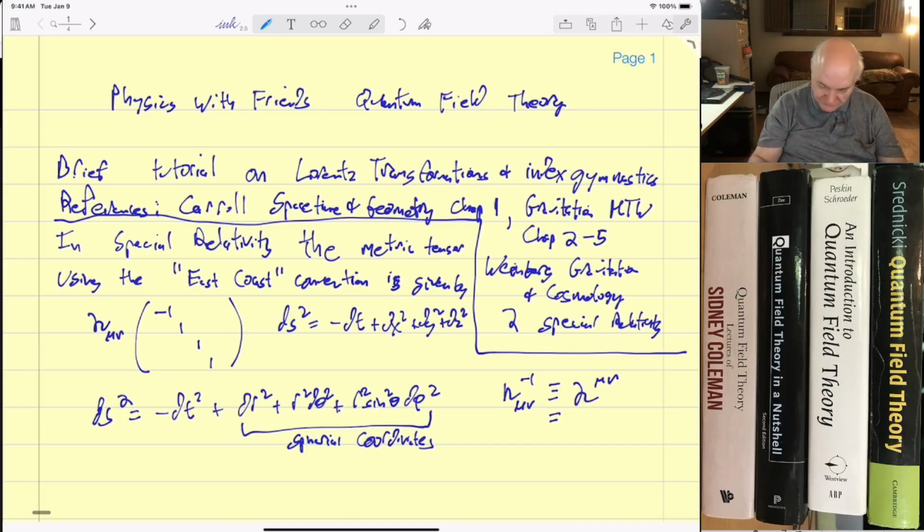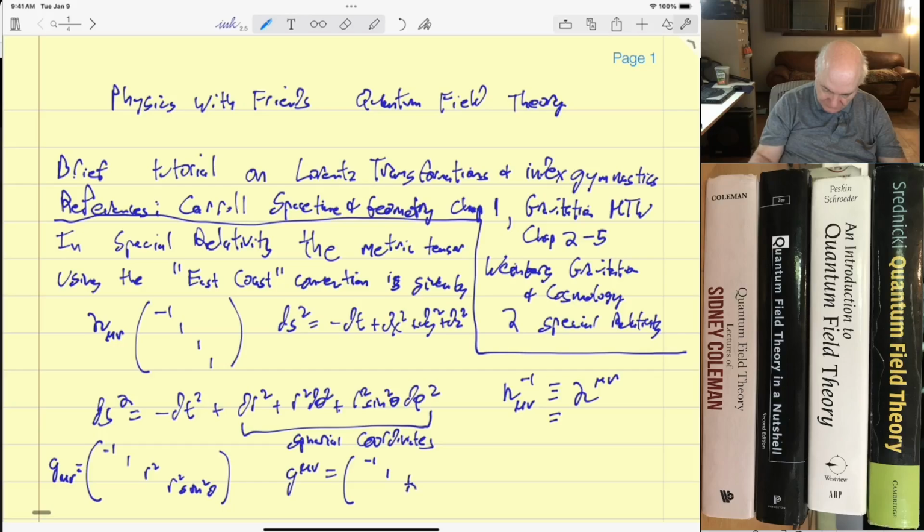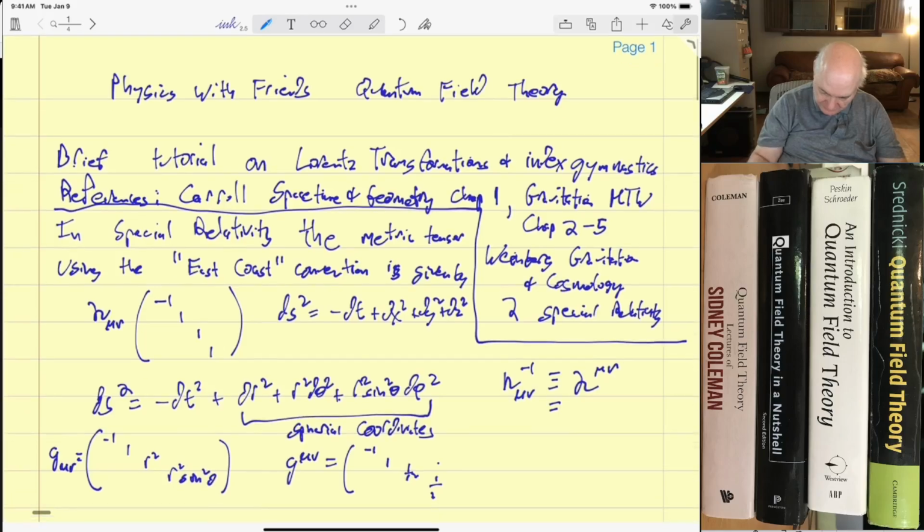Whereas if you were working in spherical coordinates, then g mu nu would be minus 1, 1, r squared, r squared sine squared theta, and the upper components would be the reciprocals of these: minus 1, 1, 1 over r squared, and 1 over r squared sine squared theta.